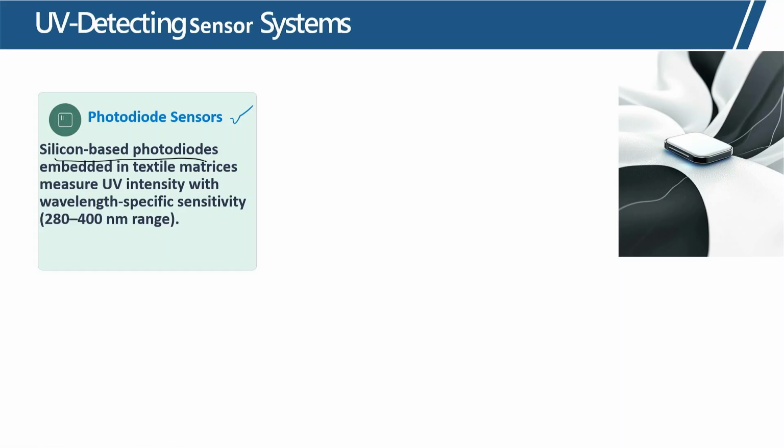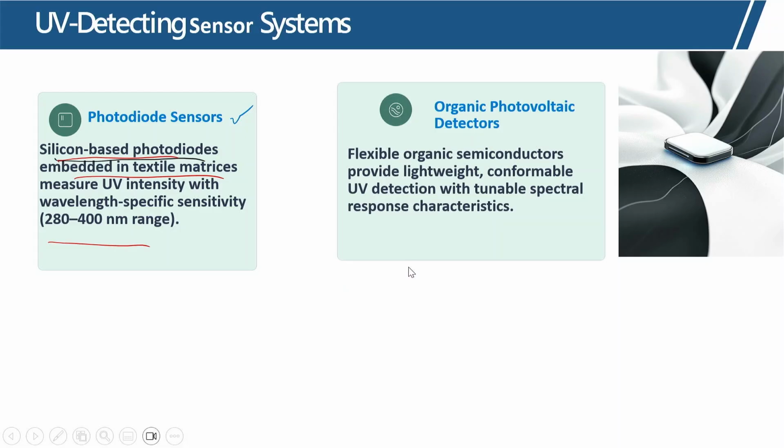When we integrate these diodes with the textile structure, they measure the intensity of the UV rays coming onto the fabric surface within the range of 280 to 400 nanometer. So, this type of photodiode sensor is incorporated within the structure.